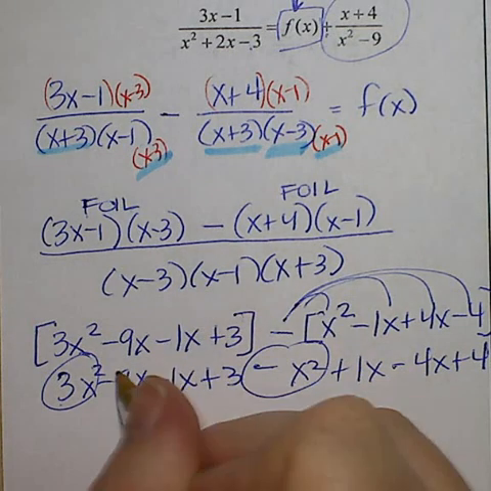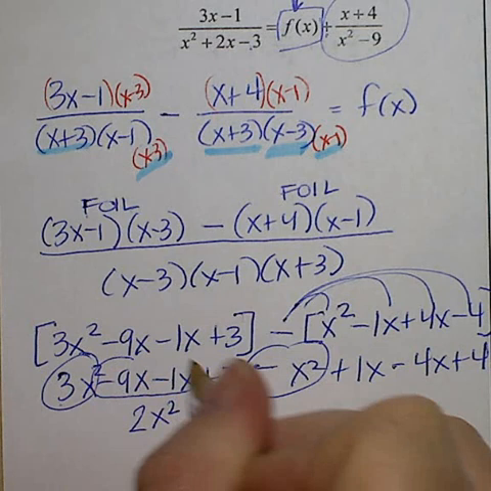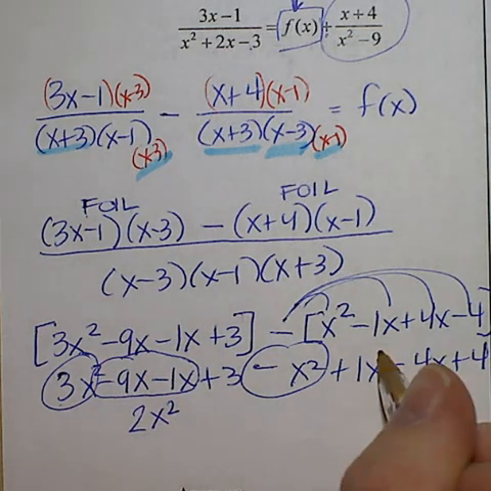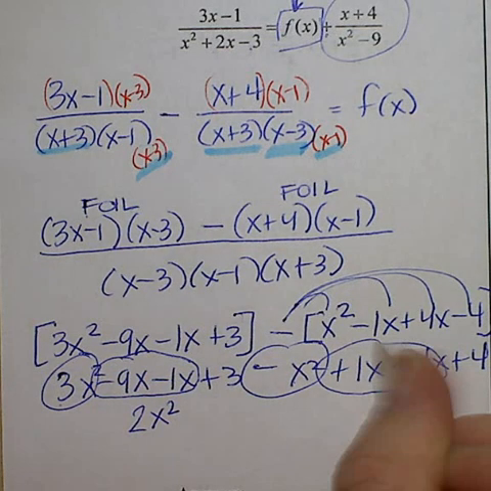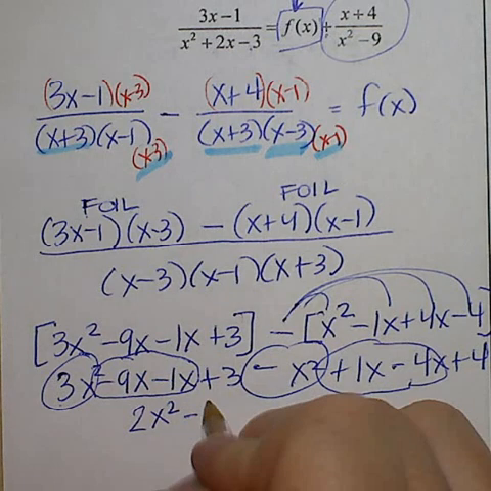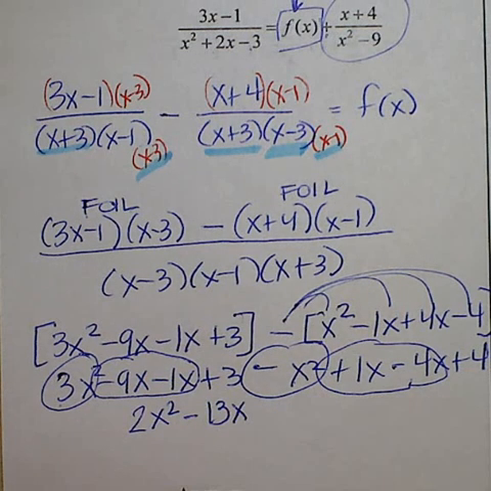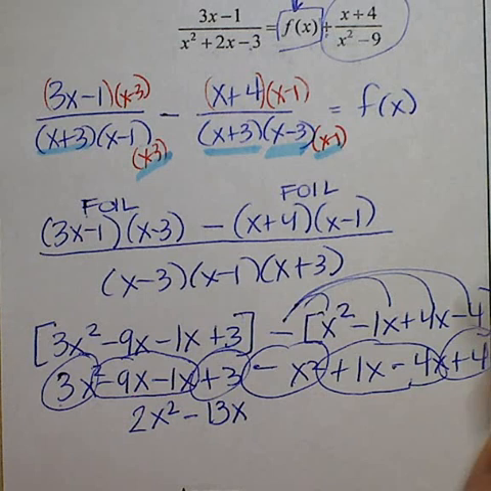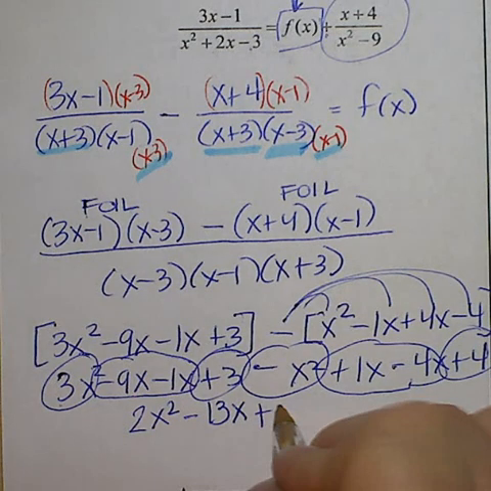Then I have negative 10x and negative 3x, which is negative 13x. And positive 3 and positive 4 is a positive 7.